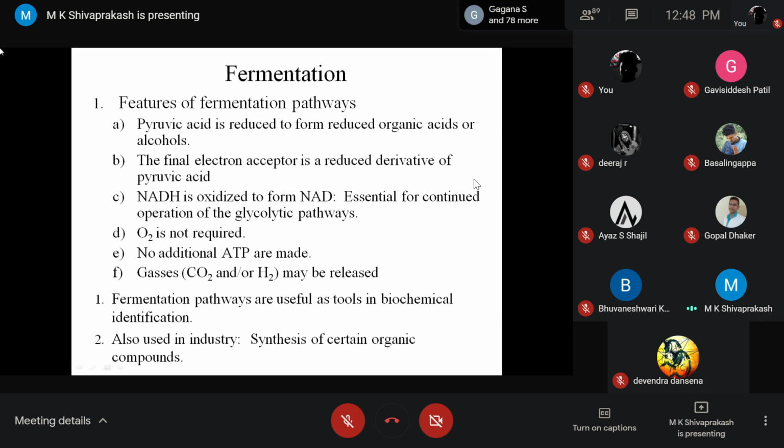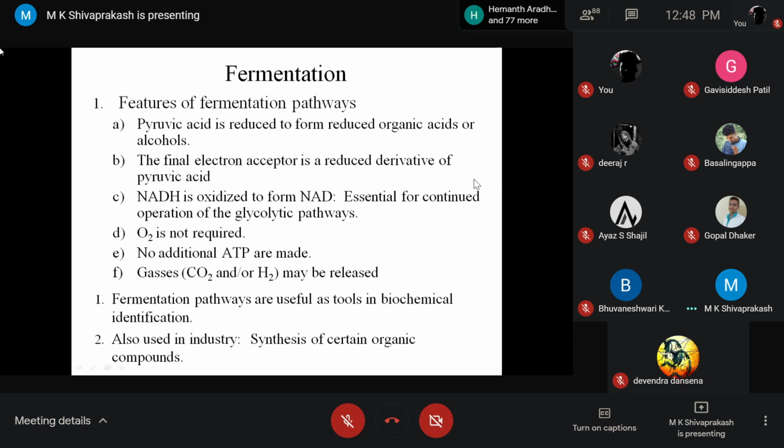Then another thing is that the NADH is oxidized. The NADH formed during the glycolytic pathway, the end products of the glycolytic pathway being pyruvic acid, ATP and NADH, is oxidized to form NAD, which is essential for continued operation of the glycolytic pathway.